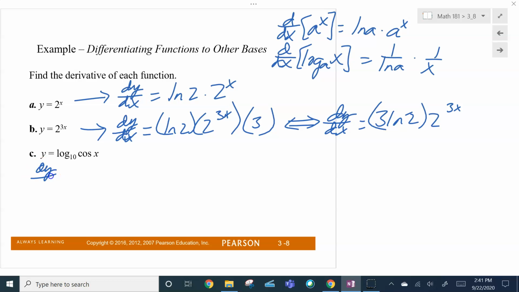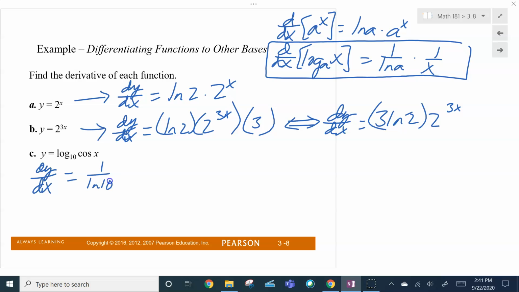Alright, this one, dy dx. So now I'm using this rule. So I have 1 over ln of 10, 10's my a there, times 1 over the x, that's the cosine of x. Now it's not just x there, it's cosine x. But now it's chain rule because it's not just x there.